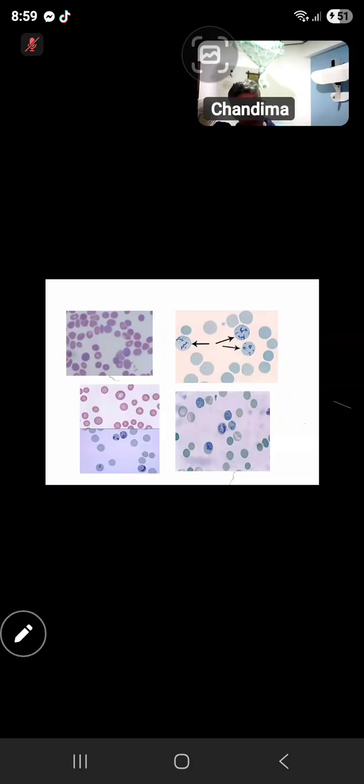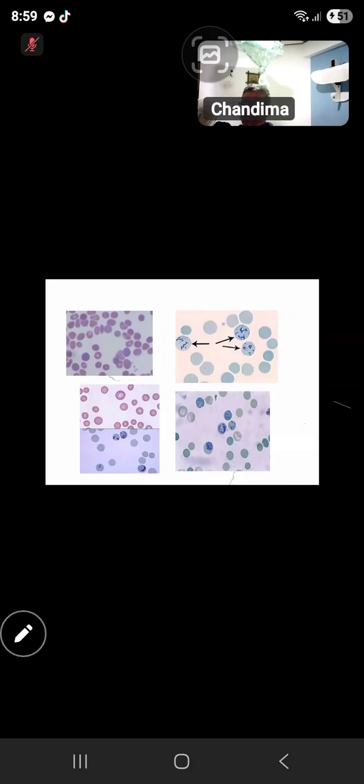Due to the demand, the production is increased, but the supply does not keep up. Because of that, more and more immature cells come into the circulation. So the patient may have a higher number of reticulocytes in the later stage of erythroid hyperplasia, not in the early stage.